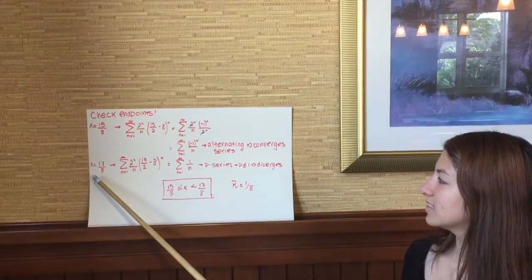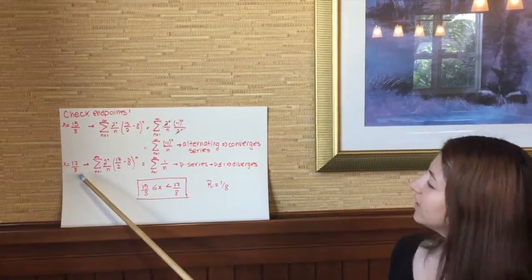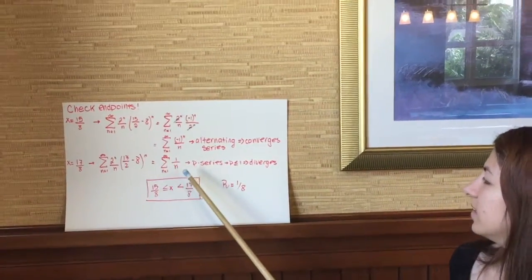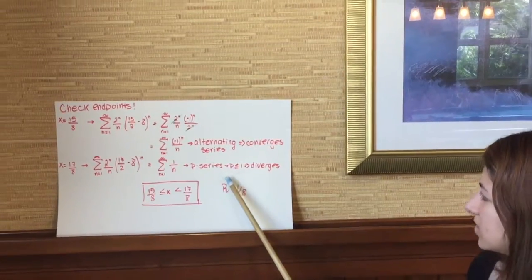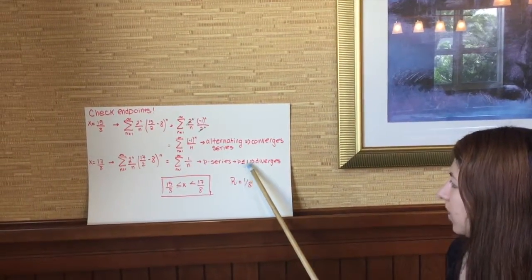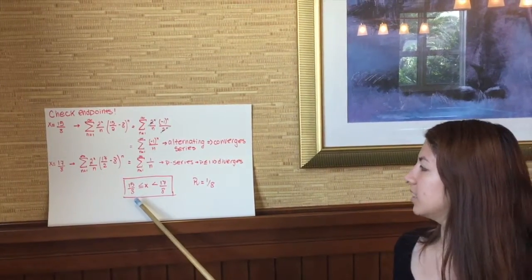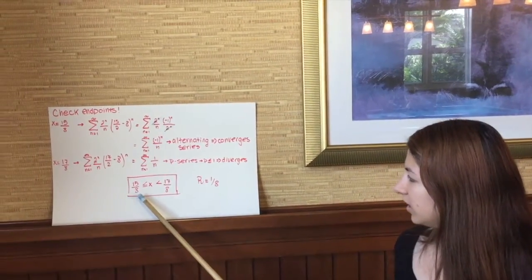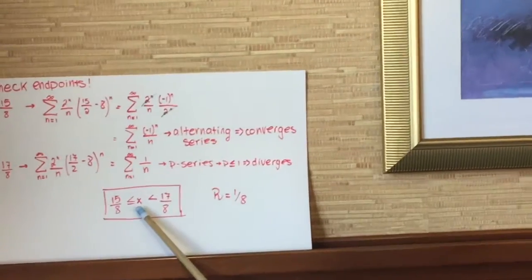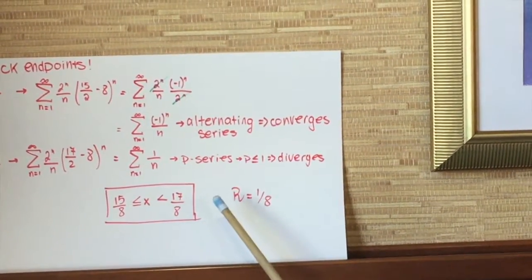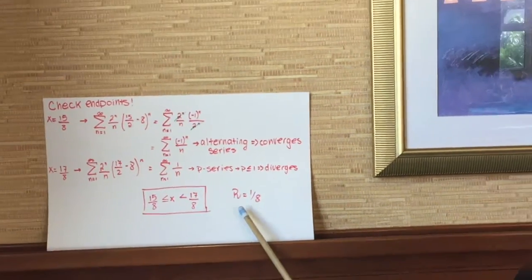For x equals 17 over 8, we get a p-series, and since p is less than or equal to 1, it diverges. So our interval of convergence is 15 over 8 less than or equal to x, which is less than 17 over 8, and the radius of convergence is 1/8.